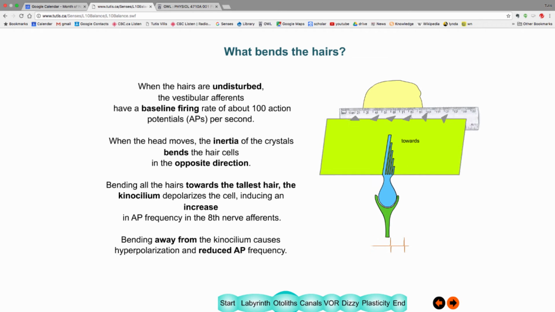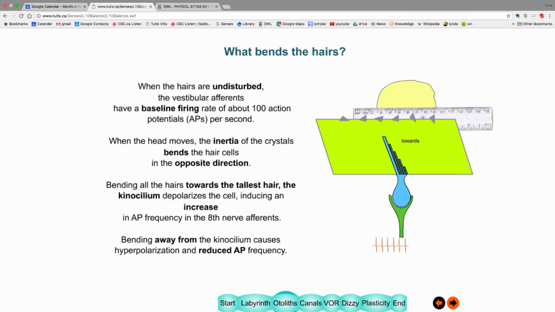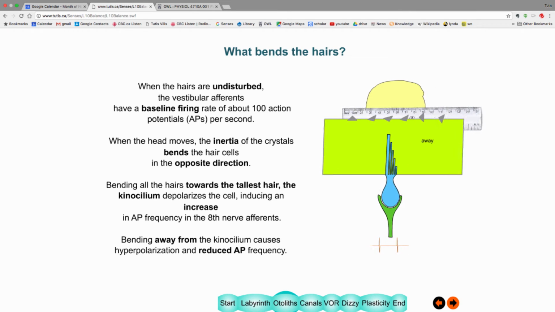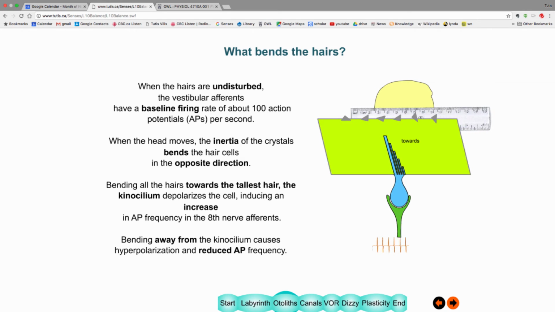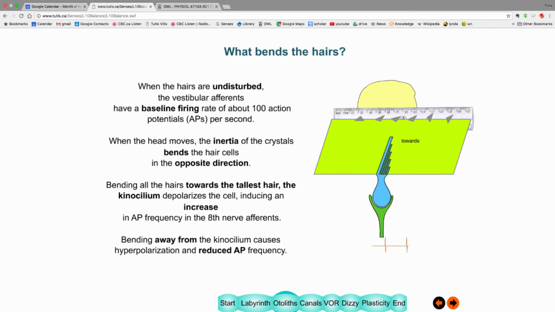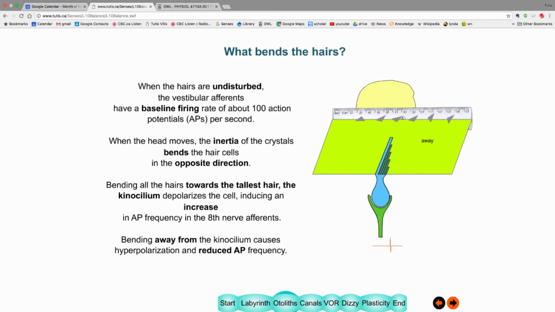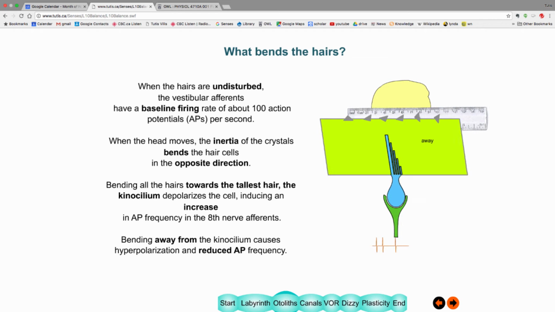The other important thing is that if you watch these action potentials here, they never go silent. They go almost silent, but even when the head is moving, there are continuous action potentials coming from this hair cell. So you're just increasing and decreasing the number of action potentials per second.